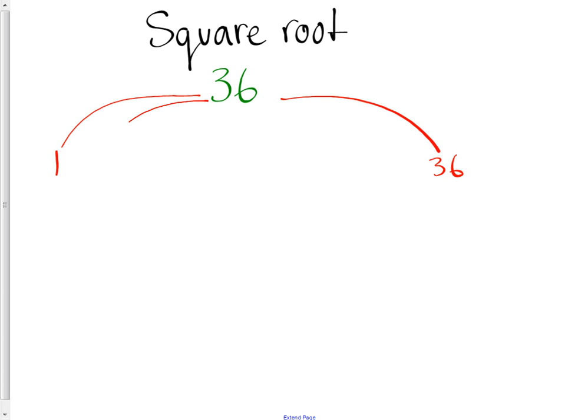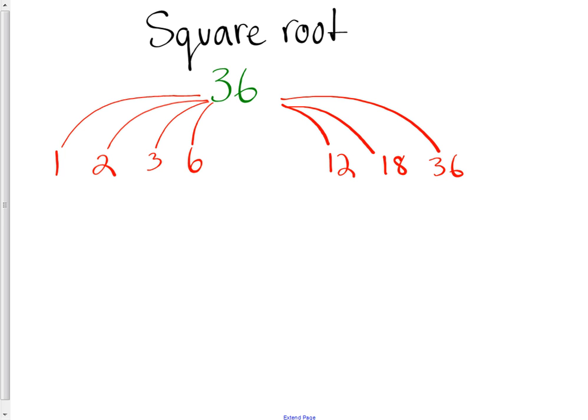If we go to the next one, 2 times 18 equals 36 as well. Again, those are not the same number. 3 times 12 equals 36. Again, not the same number. 4 doesn't work. 5 doesn't work. 6 does work.